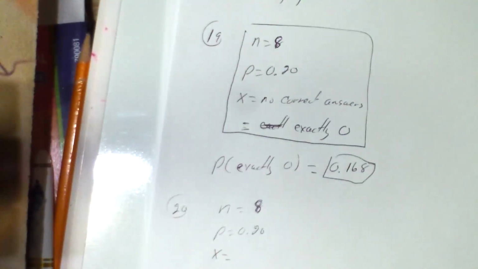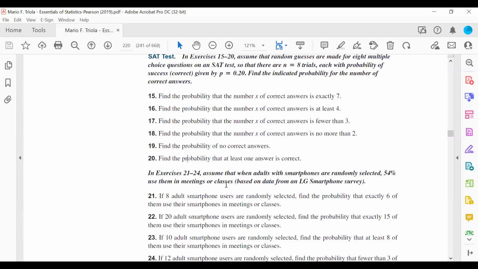Here's number 20. My X is going to be equal to at least 1. Oh, I know where that one's at. So the probability of at least 1.